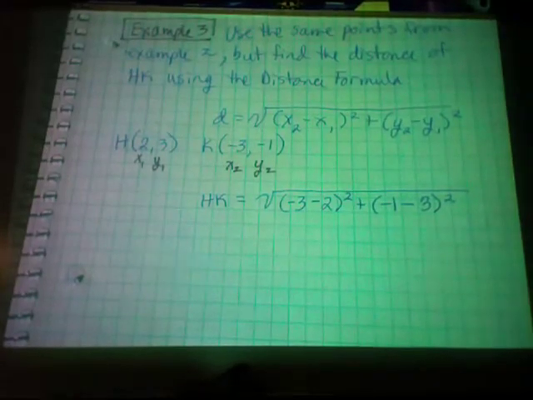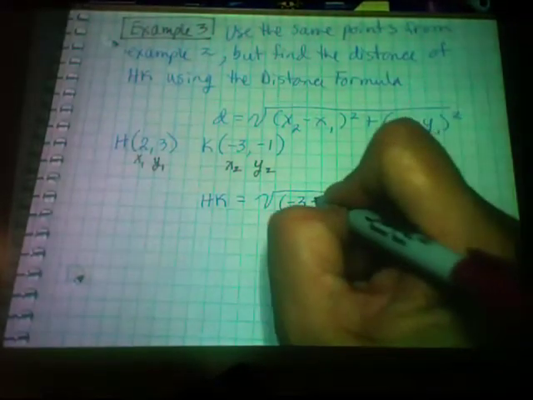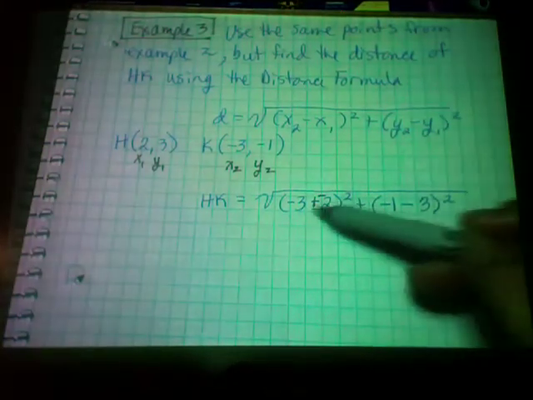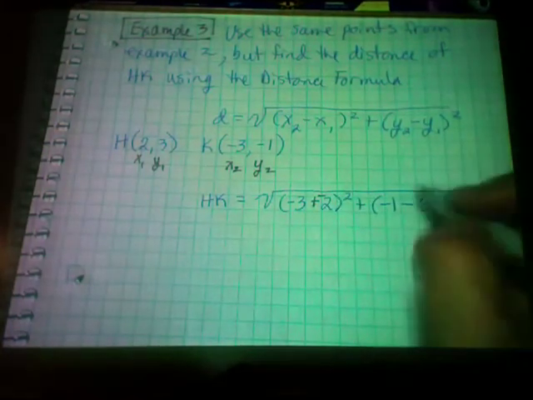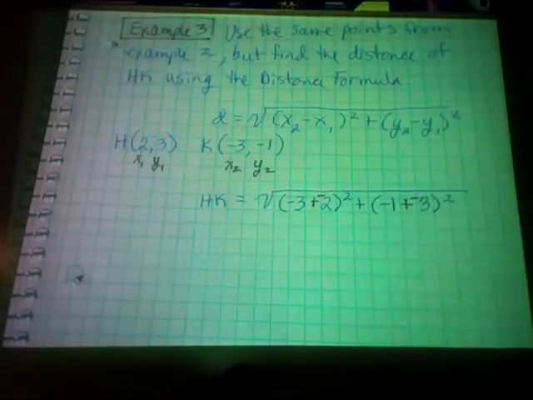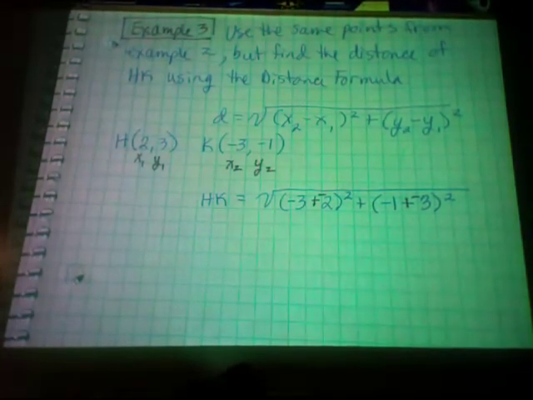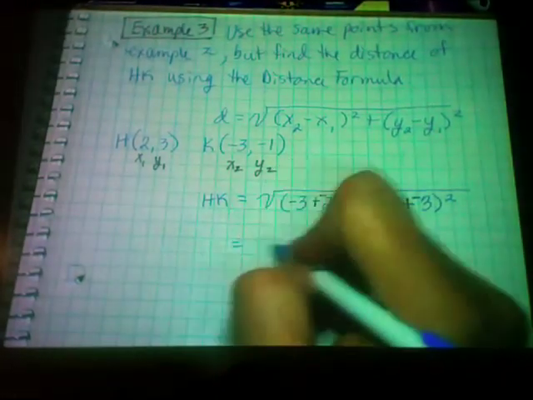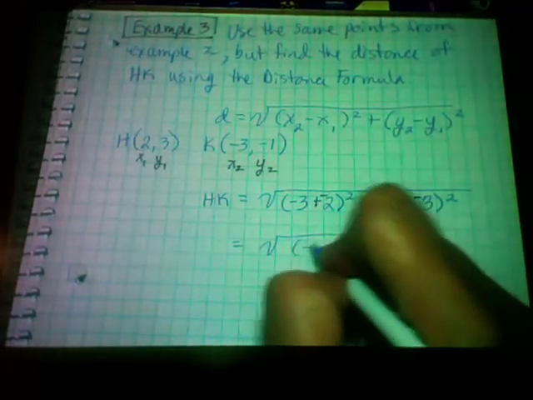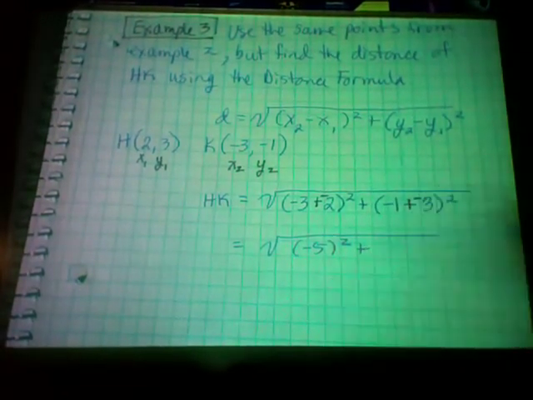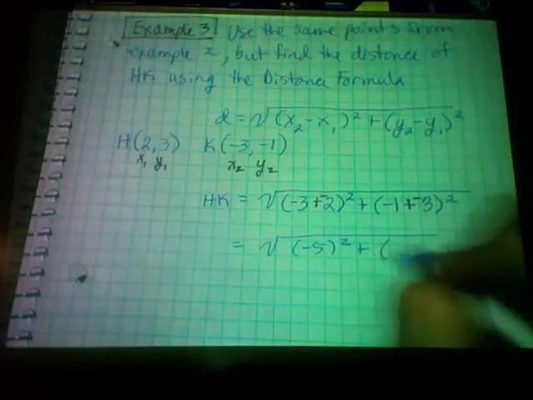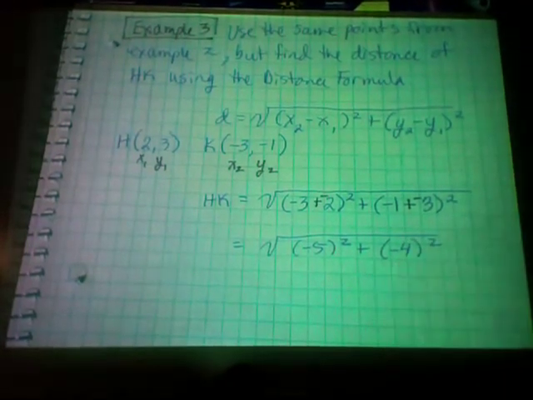Now we're going to do the math. We don't ever subtract in algebra, we add the opposite. So I'm going to change the -2 to plus a -2, and the -3 to plus a -3. So what's a -3 plus a -2? -5. So we're going to take -5 and square it. What's a -1 plus a -3? -4, and we're going to square that.